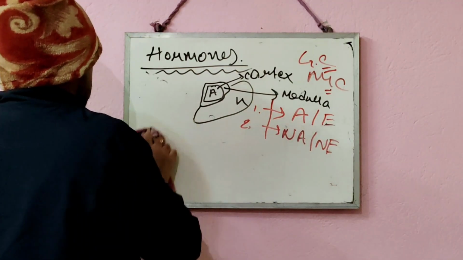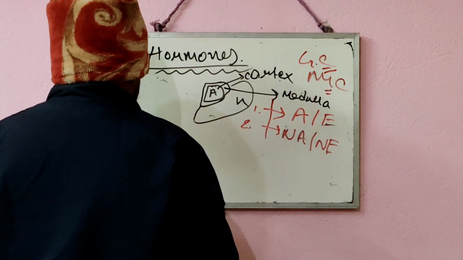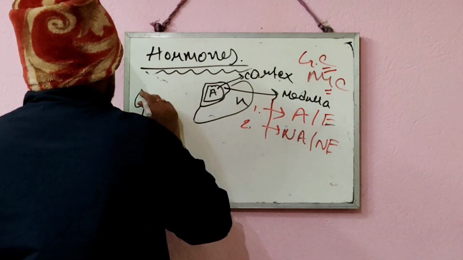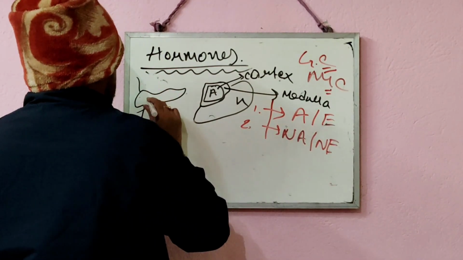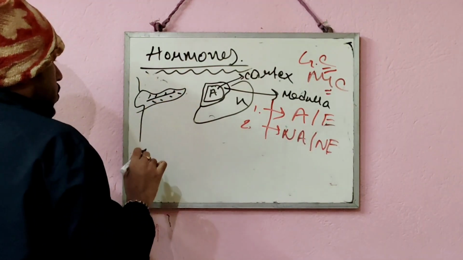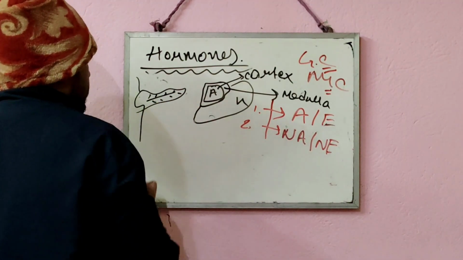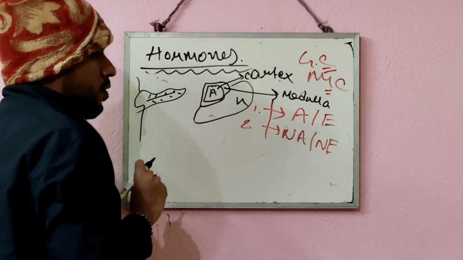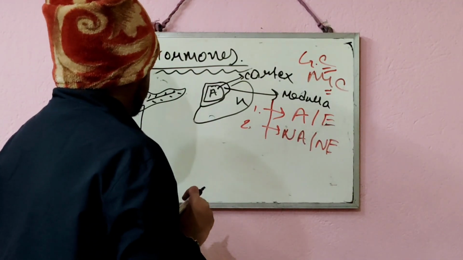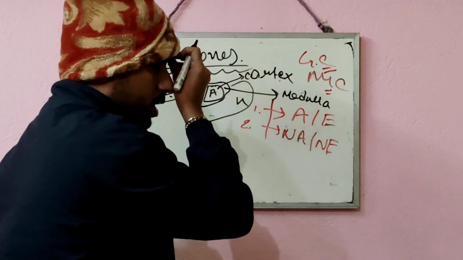Then also we have the pancreas, that also acts as an endocrine gland as well as an exocrine gland. That's why it is called a mixed gland, because it has the work, function or structure of both endocrine gland and exocrine gland.